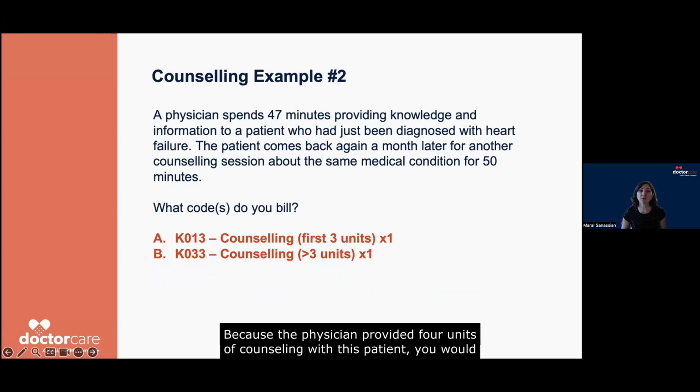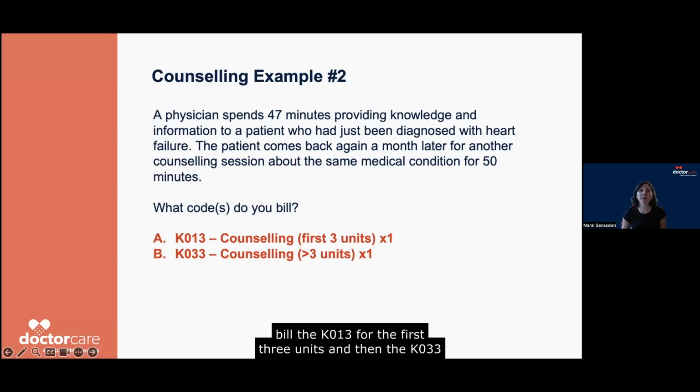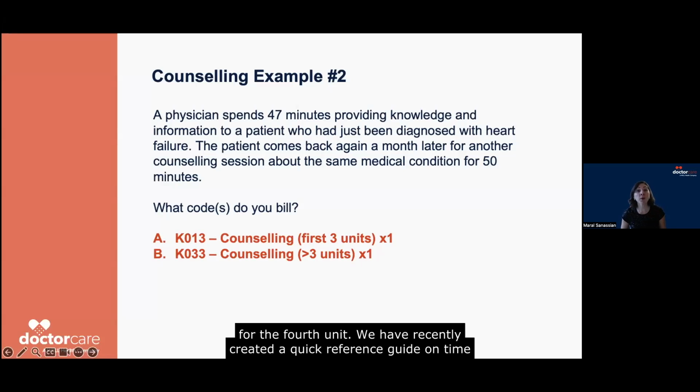Because the physician provided 4 units of counseling with this patient, you would bill the K013 for the first 3 units and then the K033 for the 4th unit. We have recently created a quick reference guide on time-based codes, which you can find on our website in the resources library.